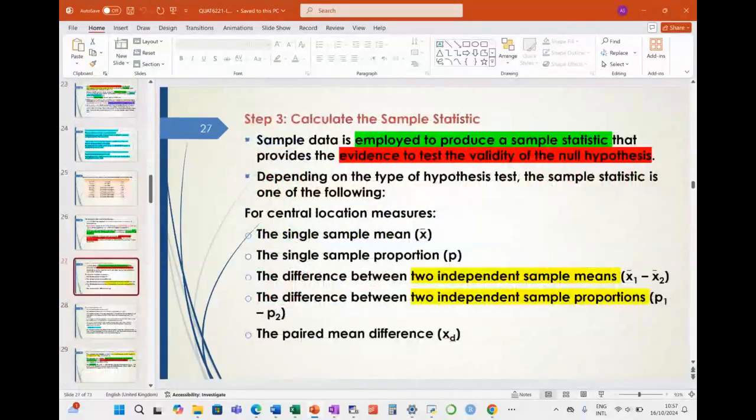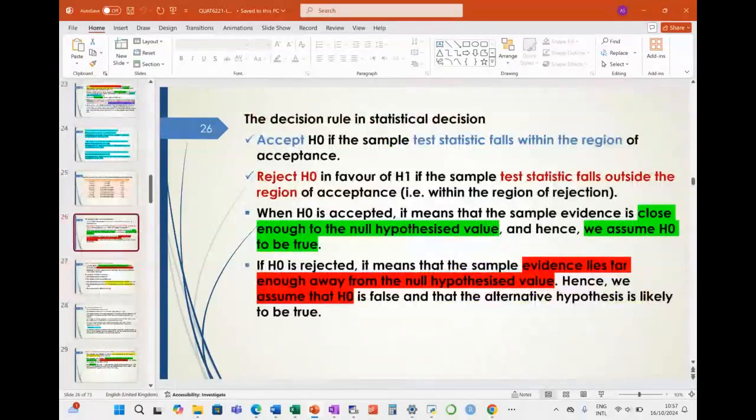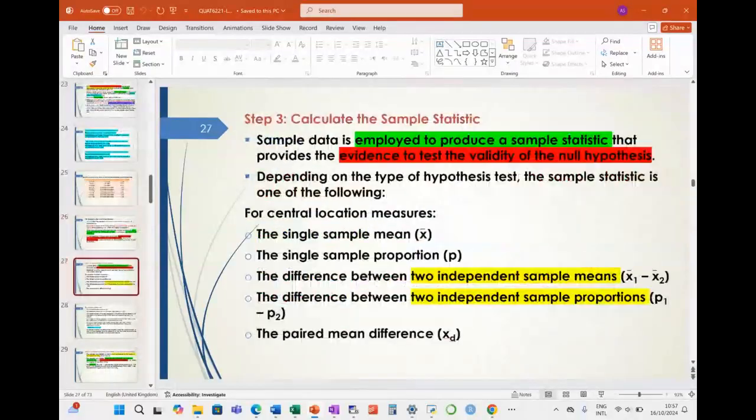Here they're speaking to what we call the decision rule. Before we run our experiment, we need to establish at what point we are going to reject and at what point we are going to accept. Step number 1, we are setting up our hypothesis. Step number 2, we are setting up our region of rejection. Step number 3, we are running the actual test; we calculate off of the sample.